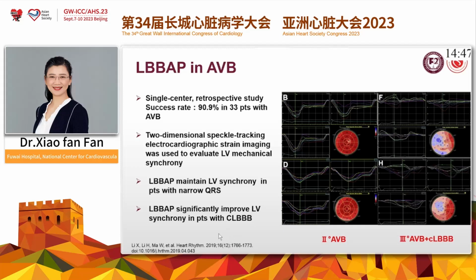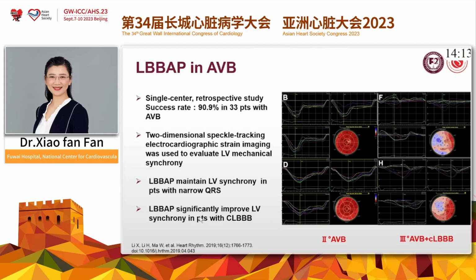Four years ago, our team first evaluated the impact of LBBAP on LV synchrony by using echo, and we found LBBAP could maintain the LV synchrony in patients with narrow QRS. For patients with complete left bundle branch block, LBBAP could improve the LV synchrony.